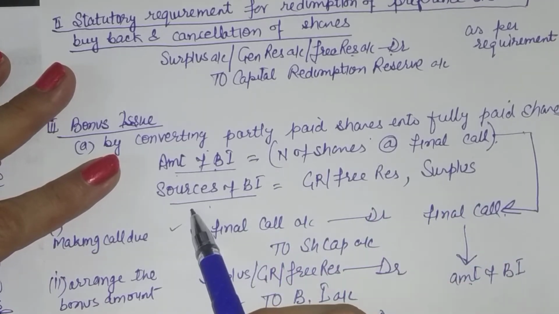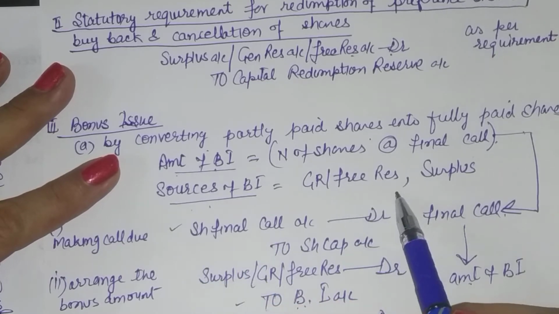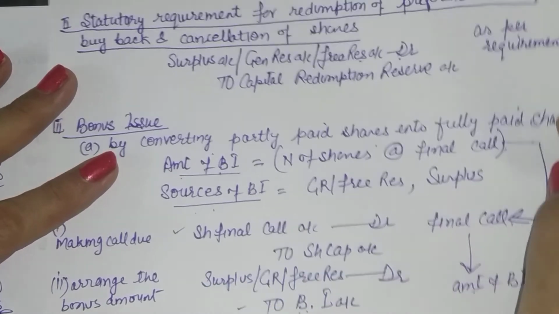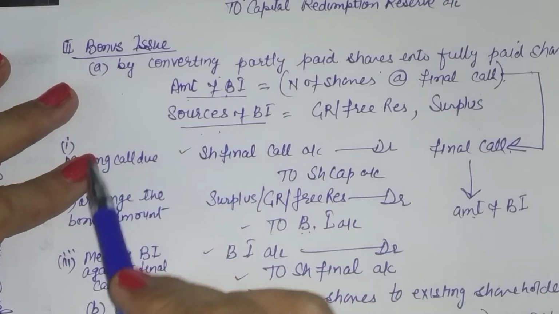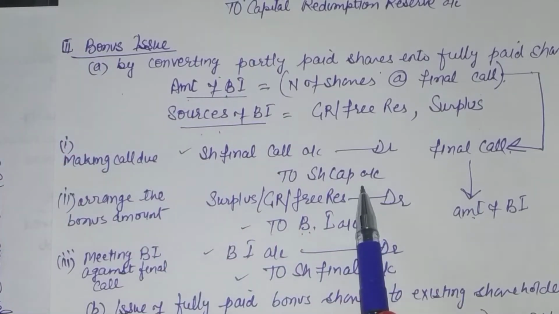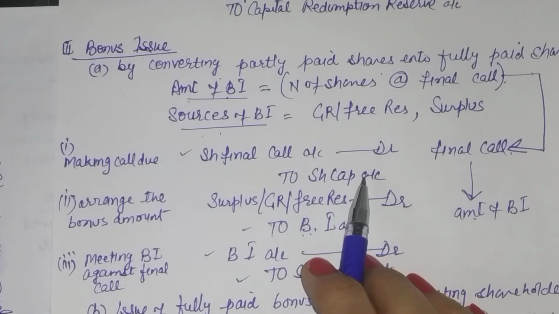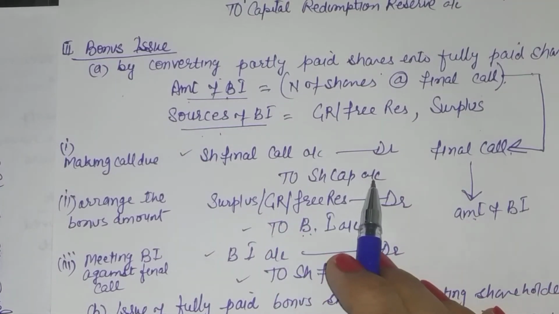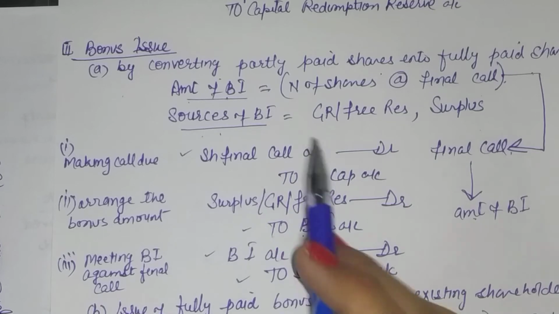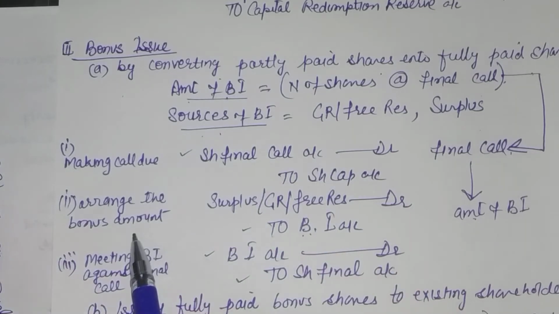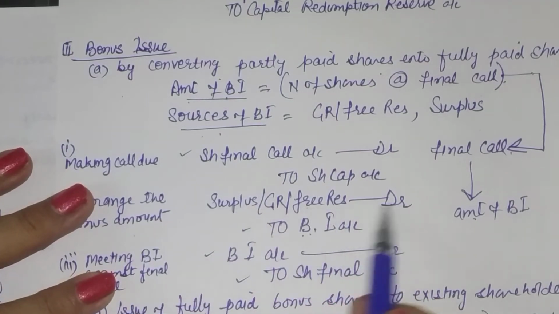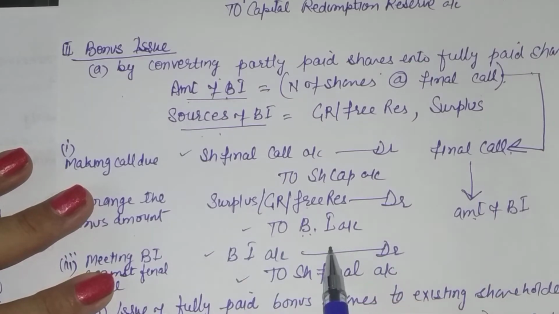Then determine the sources, that is general reserve, free reserve, surplus. Now the journal entries will be: number 1, make the final call due because you are to keep the capital now fully called and paid. So make the call money due. This will increase your capital. Now you are not going to get it. Rather you will arrange for the bonus amount. So utilize various reserves, transfer the amount from these reserves to bonus issue.